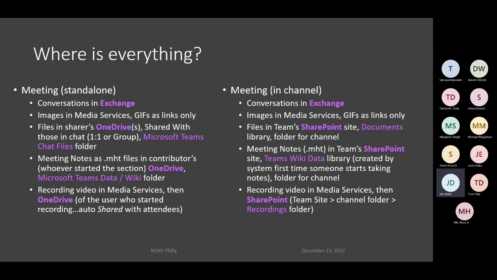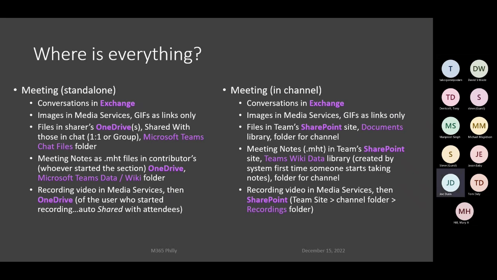If someone clicks the red recording button, that recording file is stored in their OneDrive. If they stop recording and then someone else clicks the recording button, that is stored in their OneDrive. So things end up all over the place.